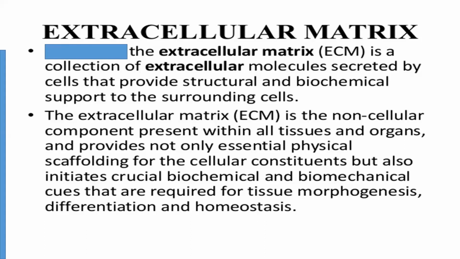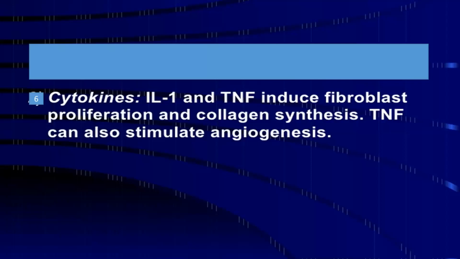This ECM is a non-cellular component present within all the tissues and organs and provides not only essential physical scaffolding for the cellular constituents, but also initiates crucial biochemical and biomechanical cues that are required for tissue morphogenesis and differentiation.